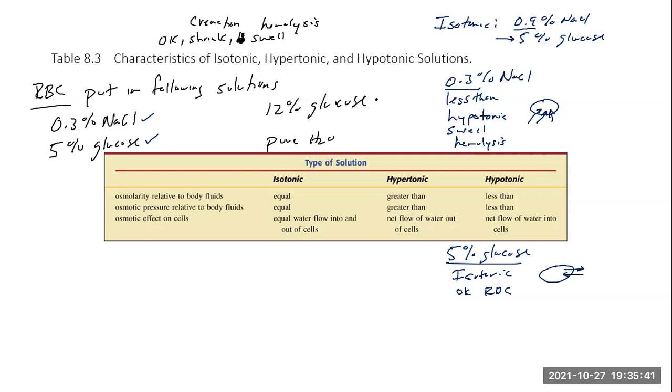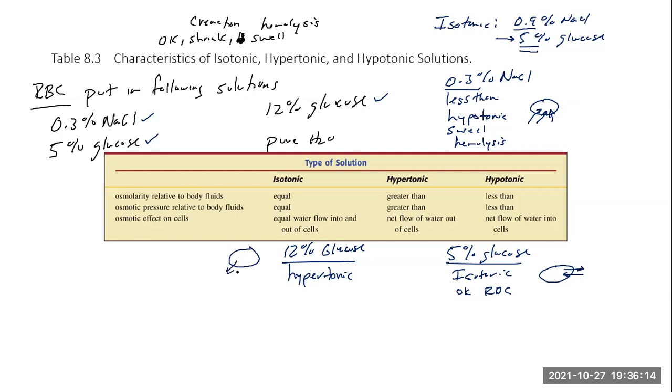Looking at 12% glucose, obviously if 5% is isotonic, then definitely 12% is not isotonic. So 12% is obviously greater than 5%, which means this would be a hypertonic solution. And because it's a hypertonic solution, what's going to happen in this case is outside of the cell is more concentrated than inside the cell.